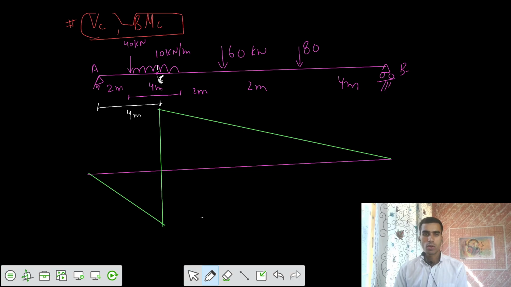So this ordinate, what is the total length we can have?